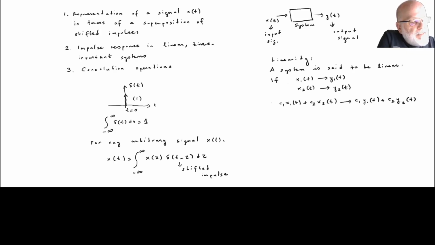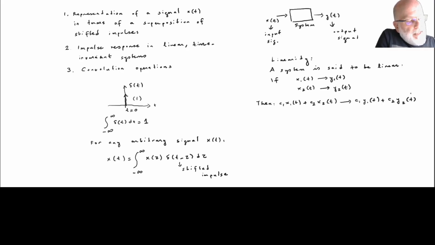If x1 gives us y1, x2 gives us y2, then such a linear combination of x1 and x2 will yield the same linear combination of y1 and y2.